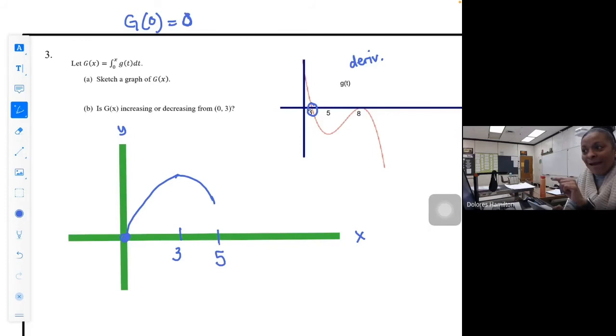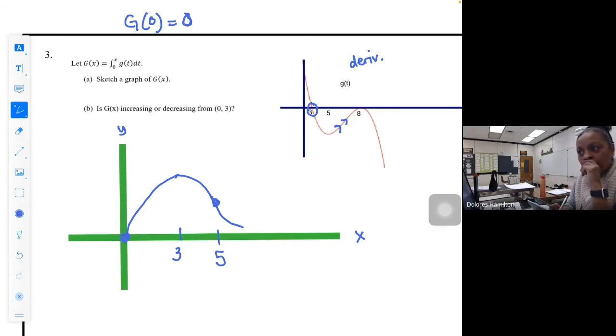But from 5 to 8, my graph is still negative. That means big G is still decreasing, but the derivative is now increasing, which means the shape of my graph changed at 5. 5 is an inflection point, right? So I know that my graph still decreases, but now it's concave up.